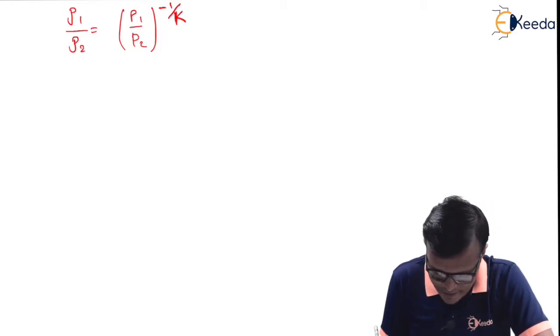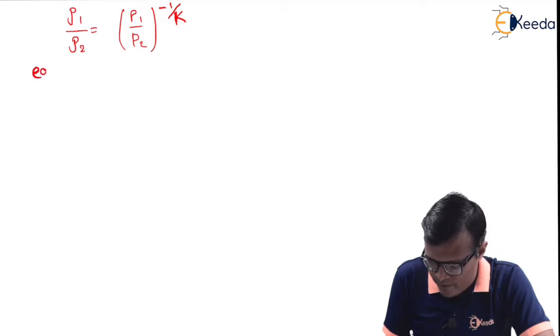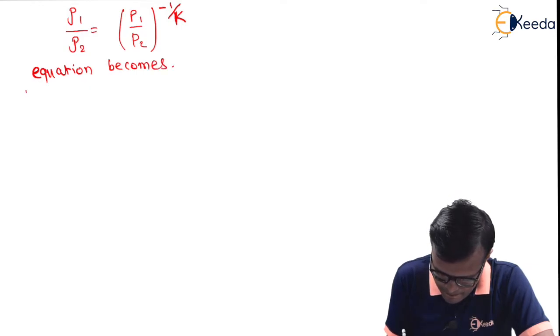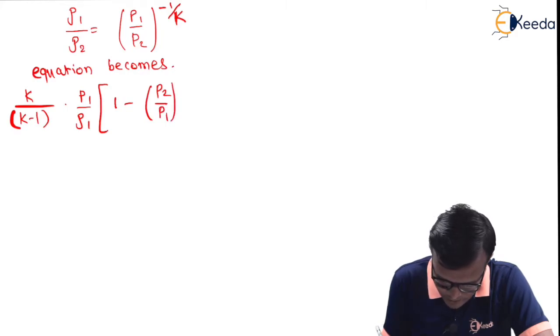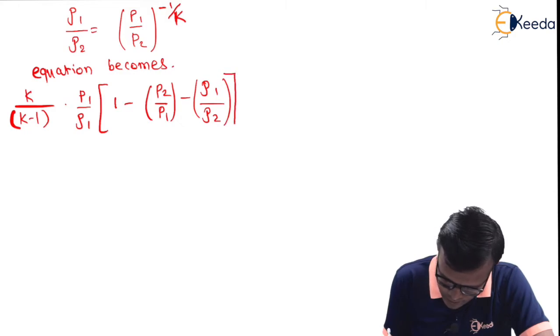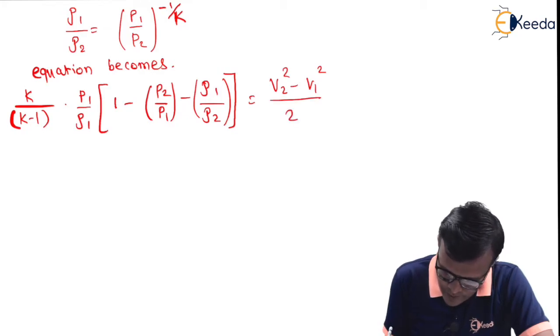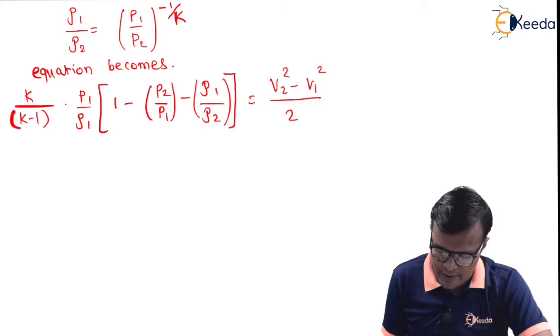So this is for the adiabatic condition. So the equation becomes k upon k minus 1 into p1 upon rho 1 times 1 minus p2 upon p1 times rho 1 upon rho 2 equal to v2 square minus v1 square whole divided by 2.